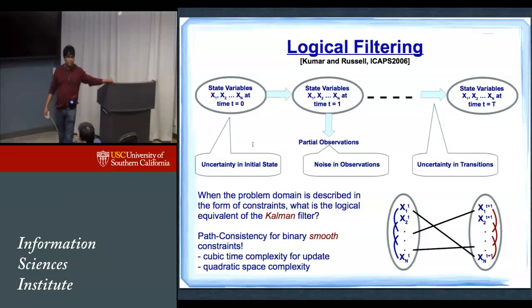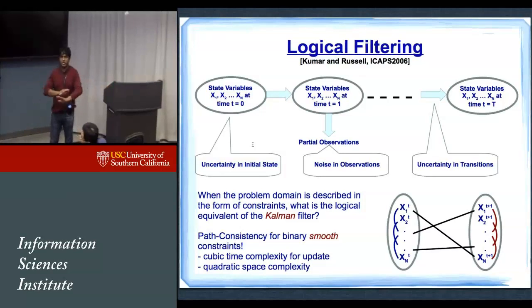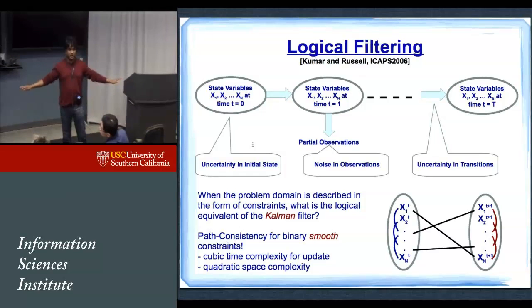If I were to give this problem to you, the first thing that would come to mind is essentially the Kalman filter. If you have linear transition models and Gaussian noise, that would be the Kalman filter. But one could ask the question, what is the logical equivalent of the Kalman filter in the world of constraints? Suppose our world was described using only constraints, instead of linear transitions and Gaussians.